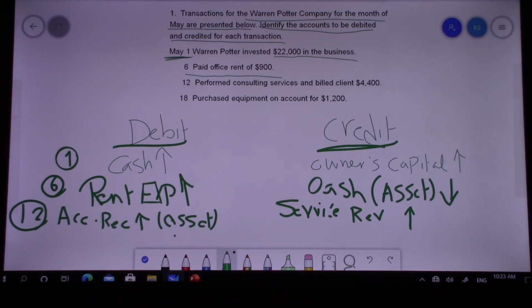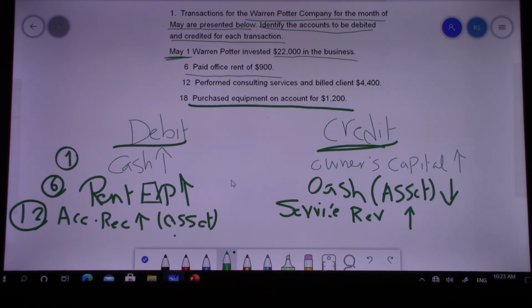On May 18, Warren purchased equipment on account for $1,200. We purchased something on account. When you buy something, you should first determine, did we pay cash for this item? No. We bought this item on account, so we have a liability.